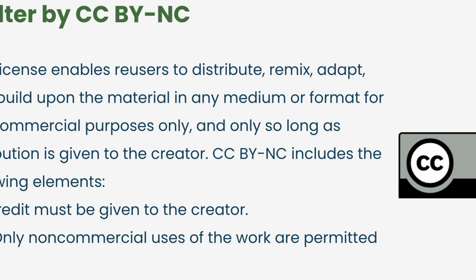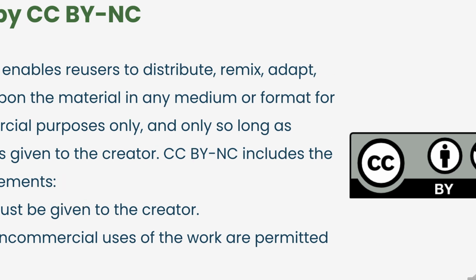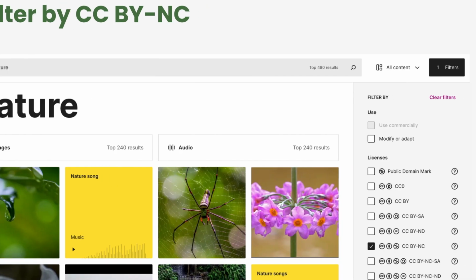BY, credit must be given to the creator, and NC, only non-commercial uses of the work are permitted. You can see the logo on the right. In your document, please add the logo and what it means. Besides that, we'll go back to the website. You are going to select the picture and you are going to add it to your homework.